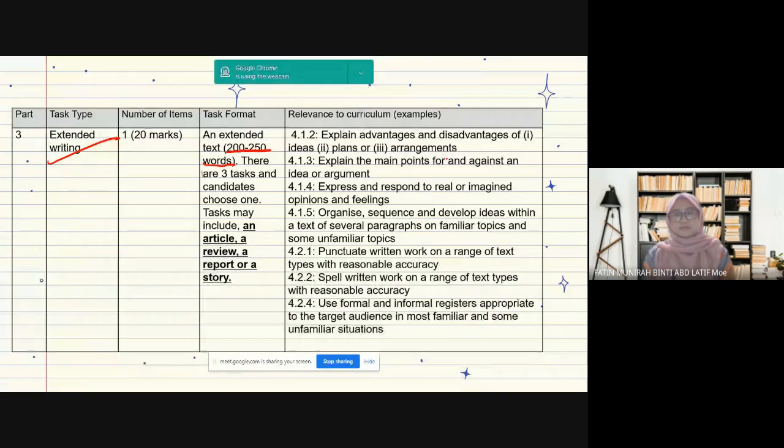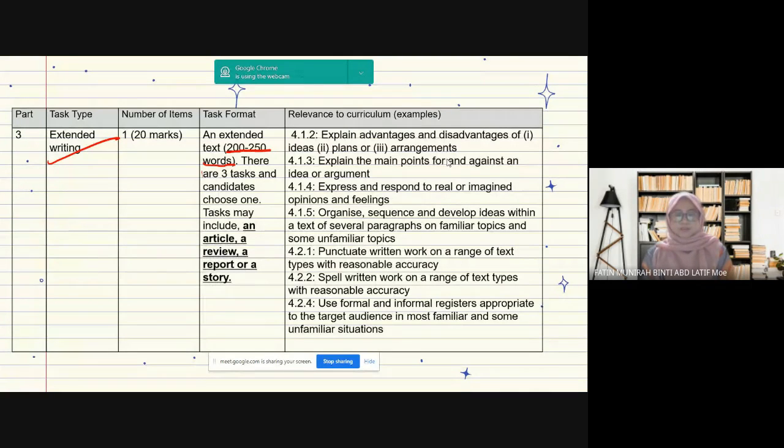And then you have to explain the main point for or against an idea or argument. You can express and respond to real or imagined opinion or feelings. And then you can organize and sequence and develop ideas within a text.